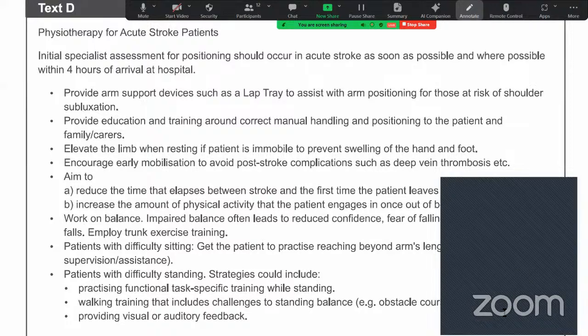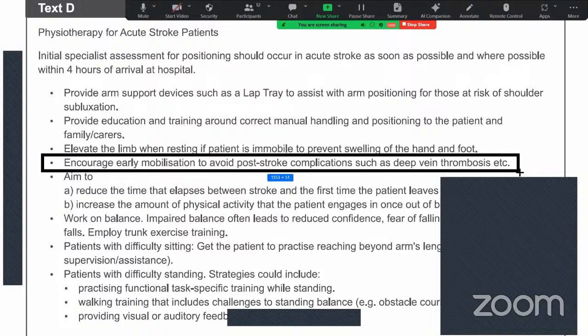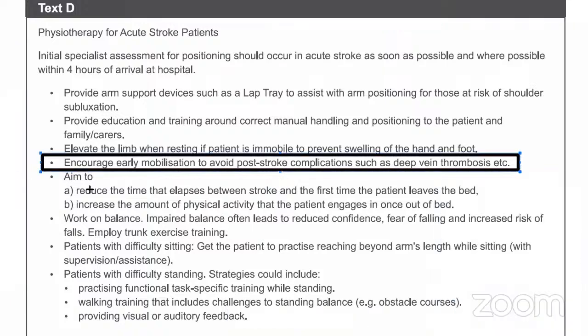So how did you get that one? The word which is the clue is immobile. If it is immobile, you have to do mobilization. Early mobilization. Early means first.